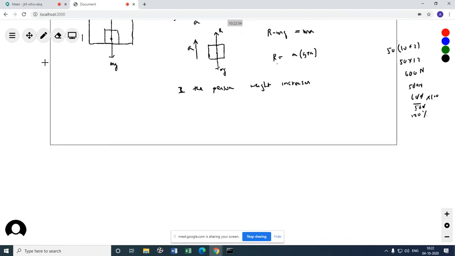Okay? Now next case is number 2. When the lift is at rest or moving with a uniform velocity.